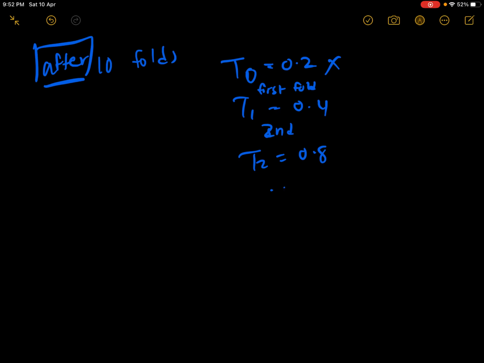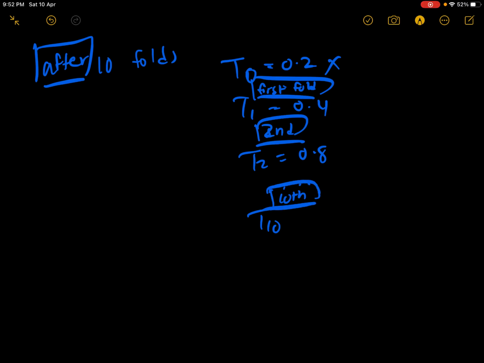So after 10 folds, you will get T10. This is the 10th fold already, because remember, first fold, second fold, now it's the 10th fold. So you want T10, which is 0.4 times 2 to the power 9. And that is the correct answer.